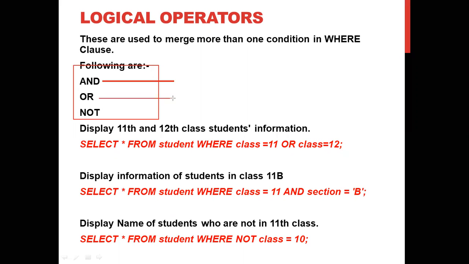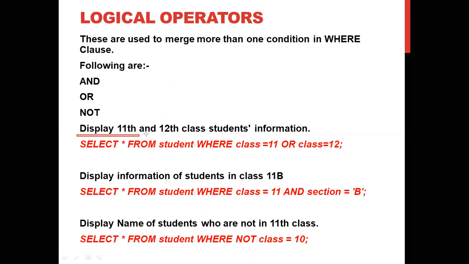Or means any one condition must be true, at least one condition. Not means it will revert: true becomes false, and if false, then true. Okay, just check.